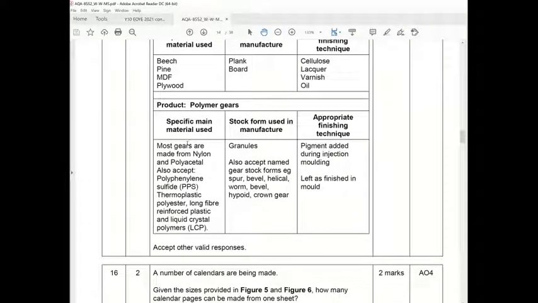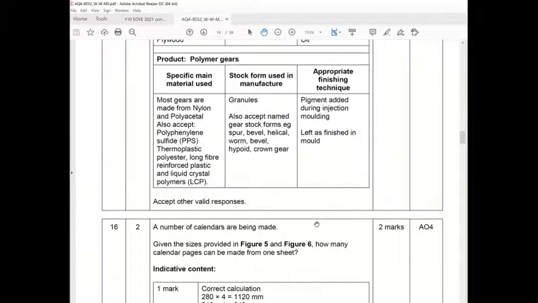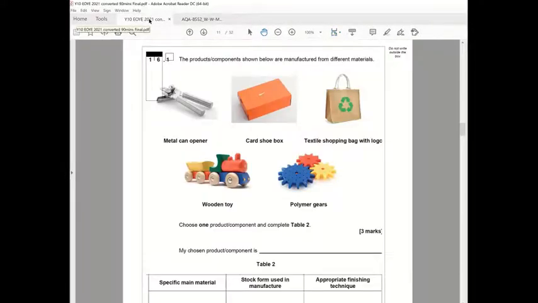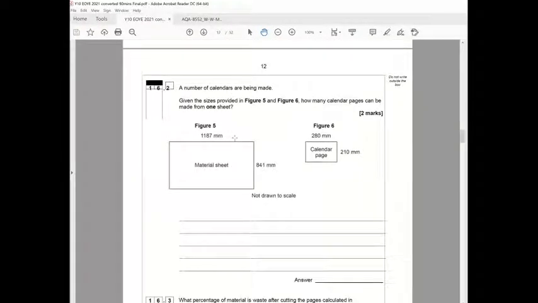Polymer gears, nylon, thermoplastic, polyester, long fibers, granules, pigment may be added, self-finishing again. So I hope that helps you. It's not the easiest of questions to understand what they mean, and I think that's been a reoccurring problem for my boys in this exam.